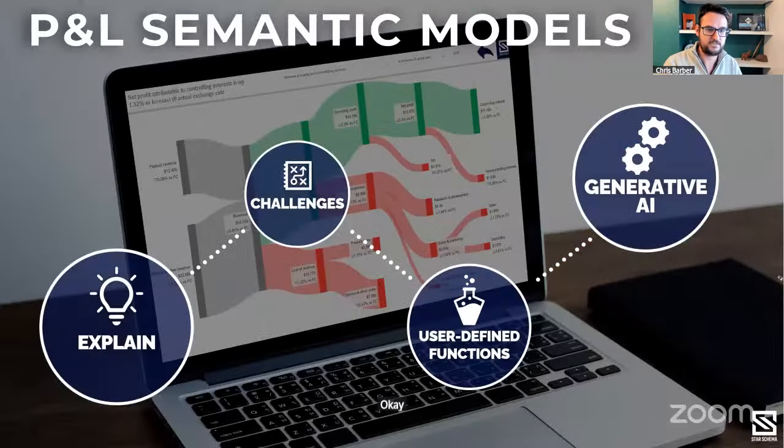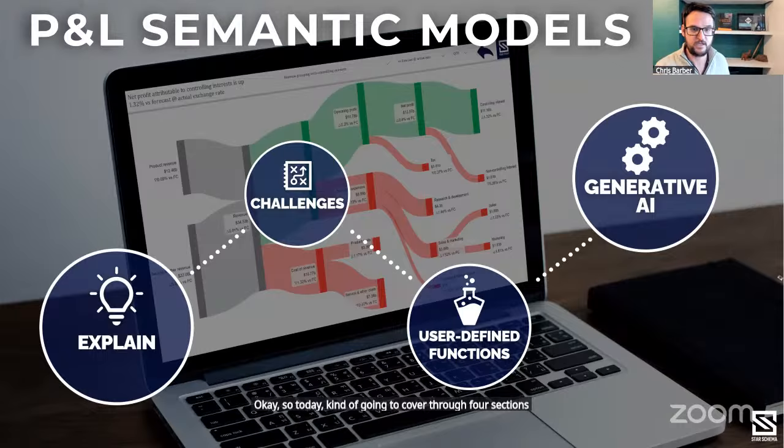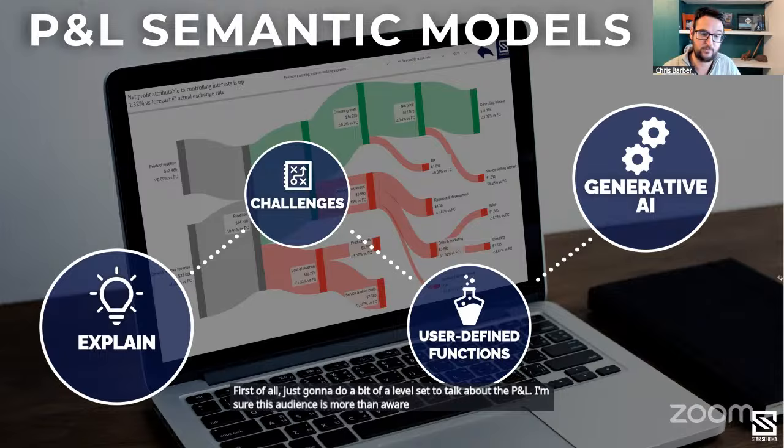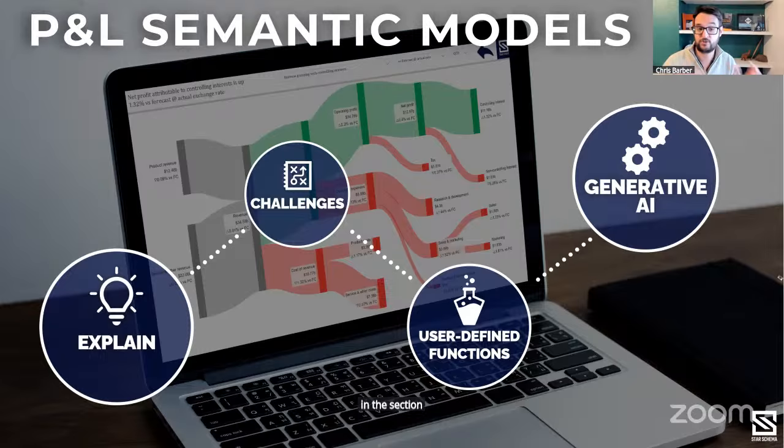Today I'm going to cover four sections broadly. First of all, a bit of a level set, just talking about the P&L. I'm sure this audience is more than aware, but I'll explain what the P&L is. In this section, I'm going to cover two different demos. One is an advanced P&L demo using Power BI only.